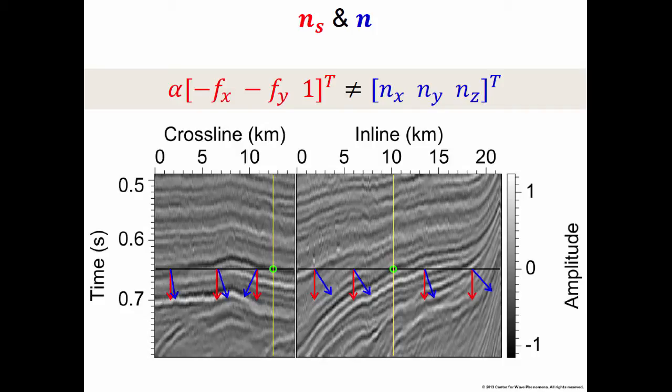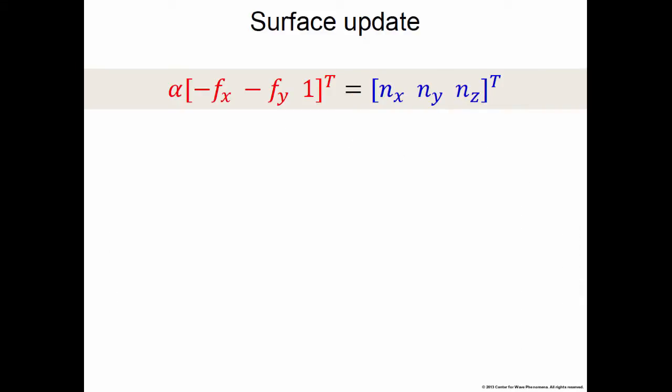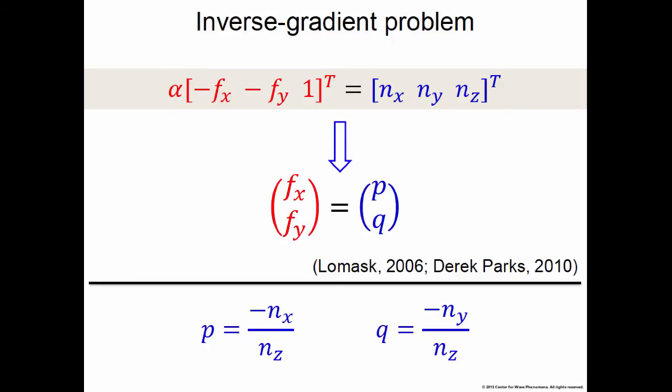So to update the surface to align with a seismic horizon, we want the surface normal vectors to be equal to the seismic normal vectors. Therefore, we need to solve this inverse gradient problem to update our initial surface to the seismic horizon we want to extract.